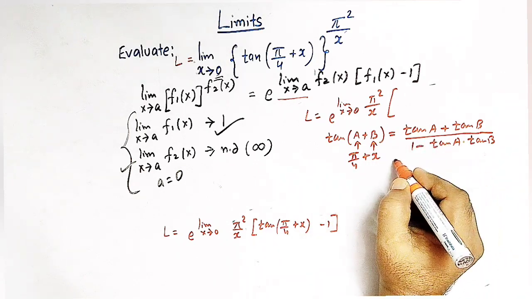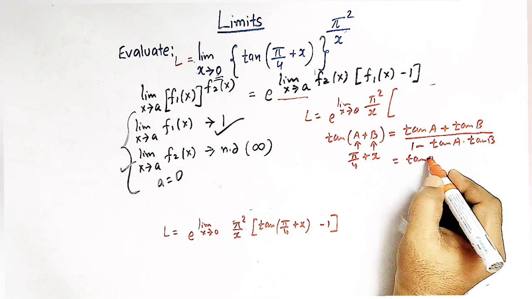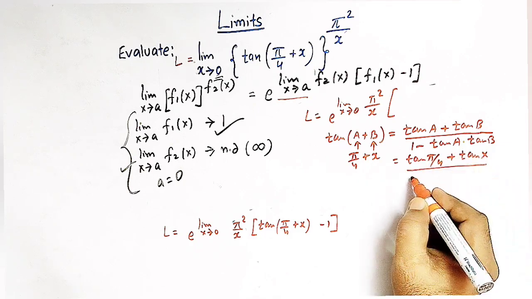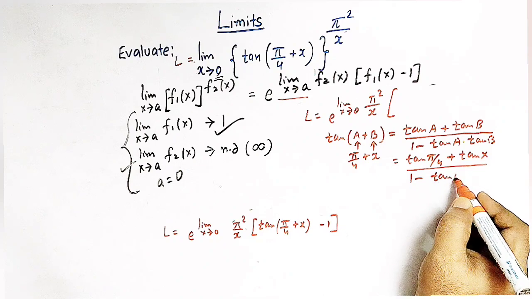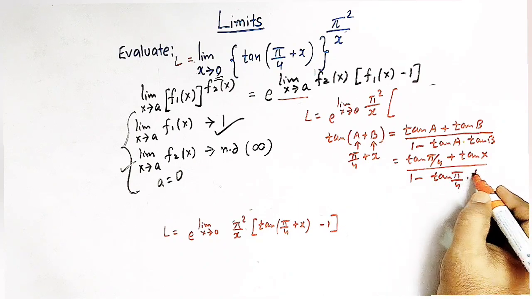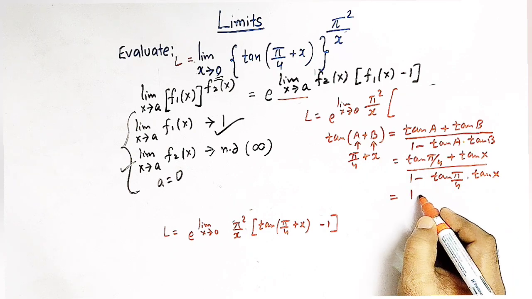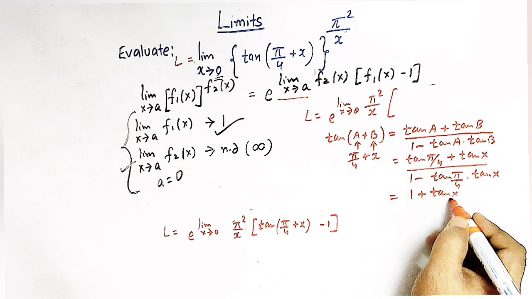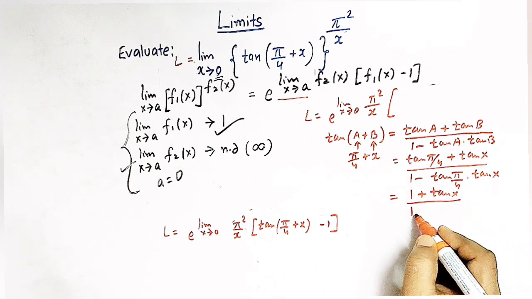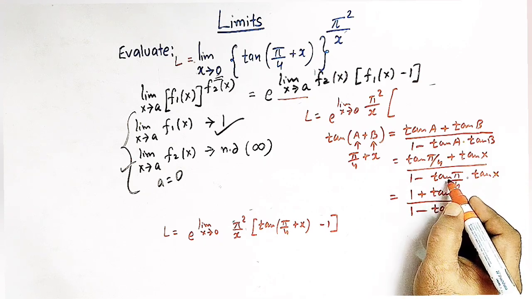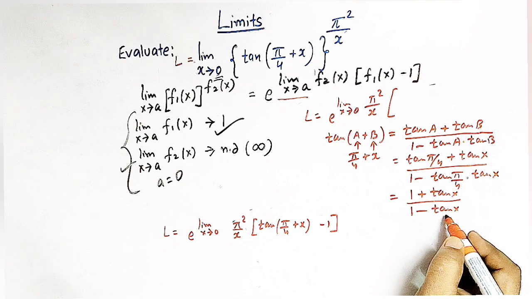So now we have here tan pi by 4 plus tan x divided by 1 minus tan pi by 4 times tan x. Now tan pi by 4 is 1, so we have 1 plus tan x, and here we have 1 minus tan x, because tan pi by 4 is 1, and 1 times tan x is tan x.